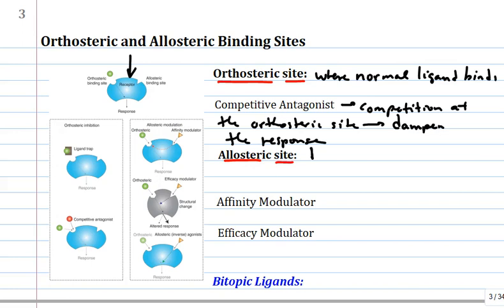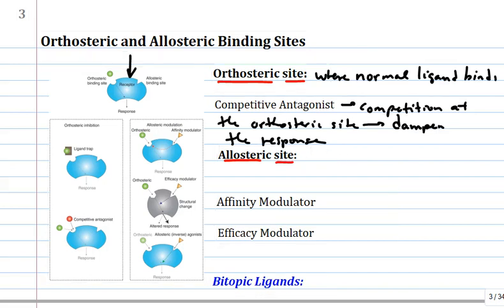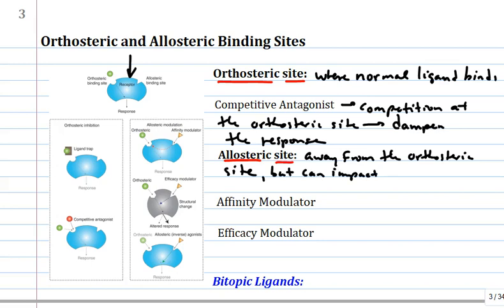The allosteric site is distant. Let's don't call it distant. It may not be far away. Let's just say away from the orthosteric site, but can impact the orthosteric site.